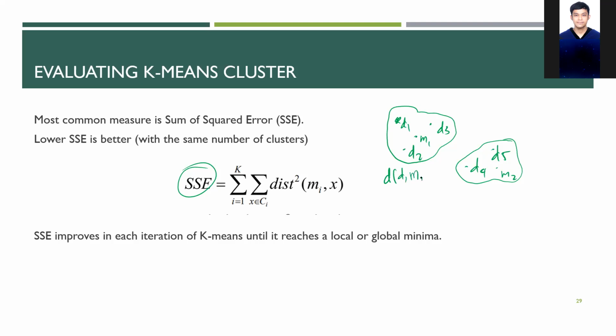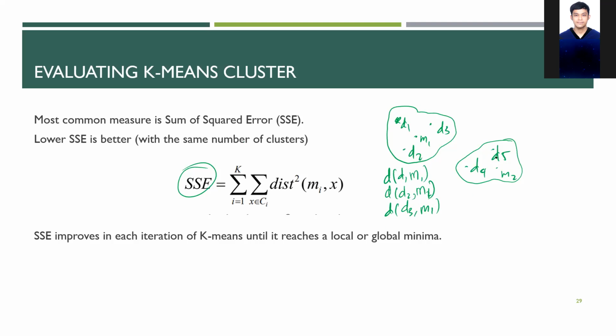So SSE, the sum of square error, is like this: the distance between data 1 and centroid 1, and then the distance between data 2 and centroid 1, and the distance between data 3 and centroid 1, still centroid 1. Why still centroid 1? Because data 1 to 3 belong to the first cluster.